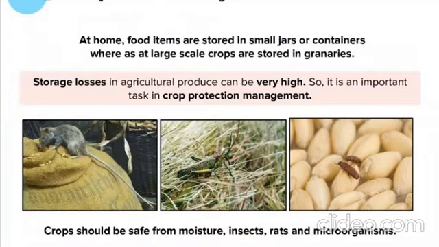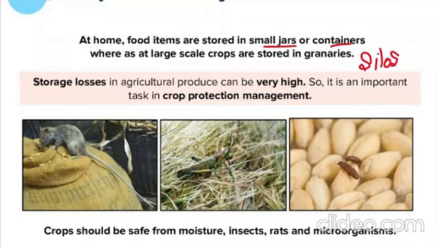Now, once our crops are protected, how do we store them after harvesting? At home level, small people keep it in small jars or containers. But on a large scale, agriculturists store things in granaries and silos.